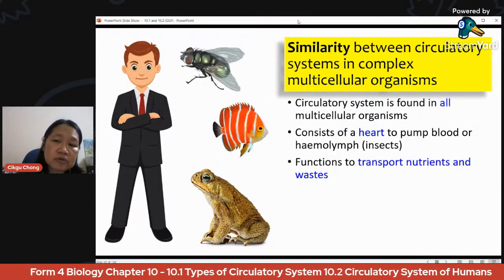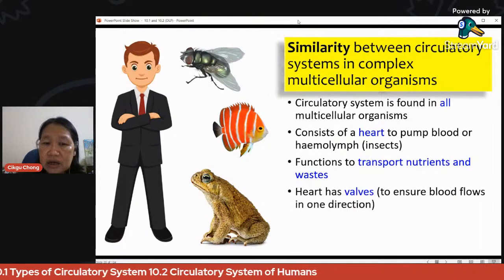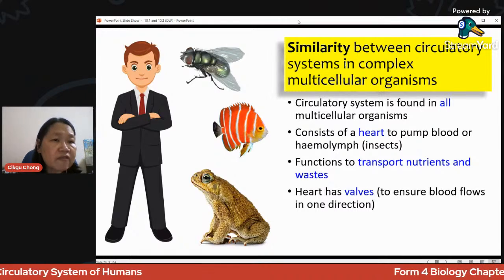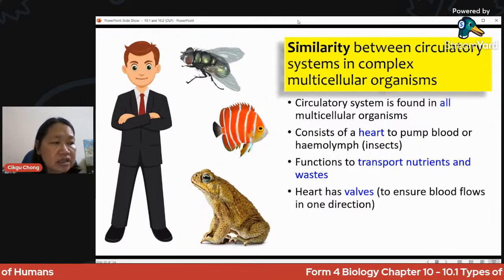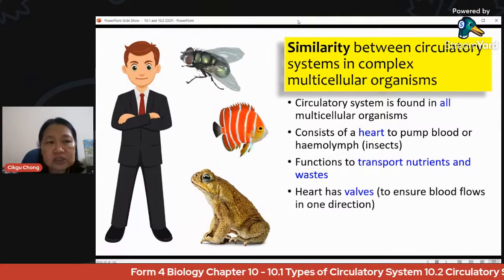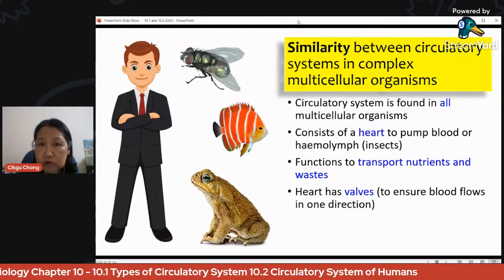The function is to transport nutrients and waste. And the heart has valves to make sure that the blood flows in one direction. The valve's function is to make sure it doesn't go backwards. The blood flows one way. Once the blood passes through, the valve will close to stop it from moving backwards.